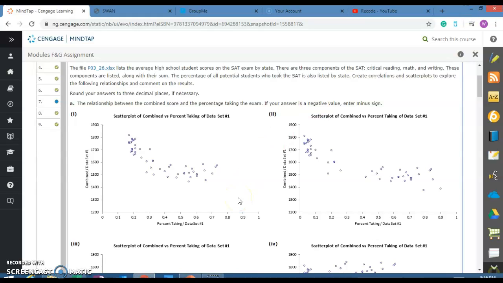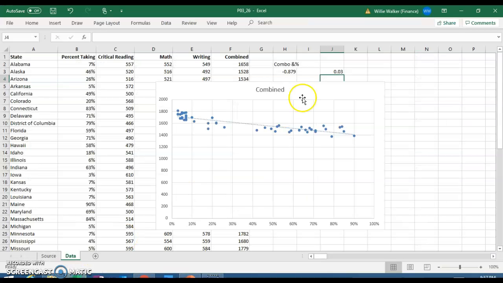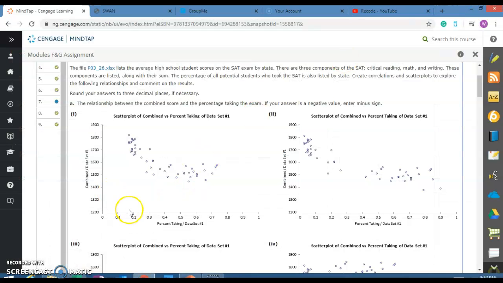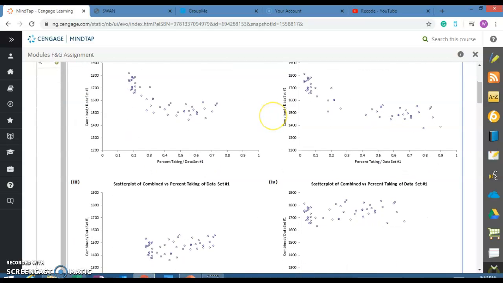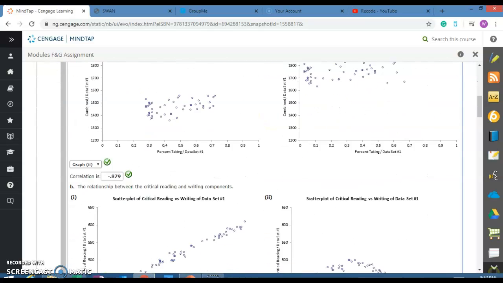Actually, it did tell us something. 0.03 is closer to 0, so it's not going to be here because 0.03 would fall between 0 and 0.1. So it's got to be this one. We ruled out all the other ones. So it's safe to say that our answer choice is number 2, and that's correct.